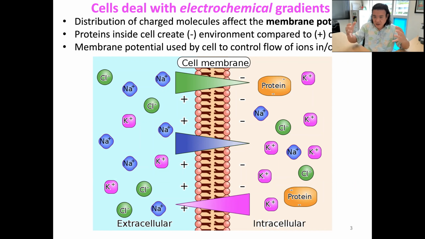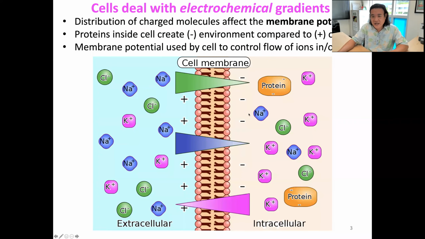Right? And charges can have a big impact on how things move back and forth. So the distribution of charges on either side of a cell membrane is not homogeneously distributed. You might intuitively think, well, the actual charge of either side of the cell membrane maybe is neutral, right? But that's actually not true.